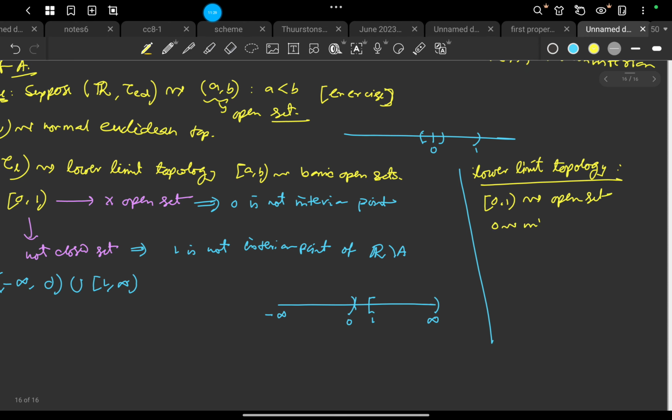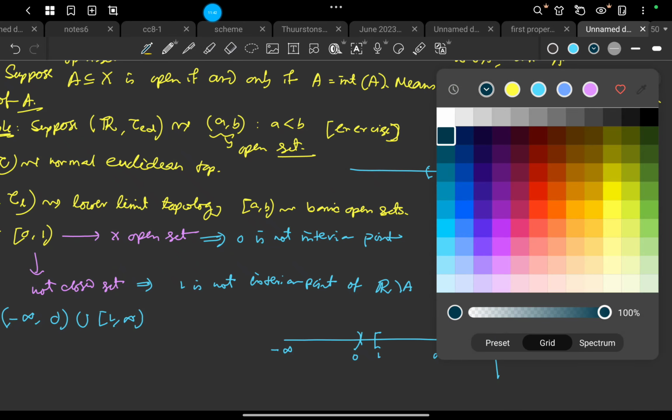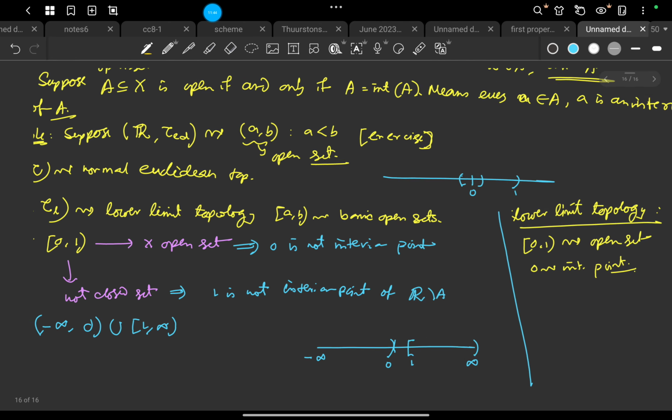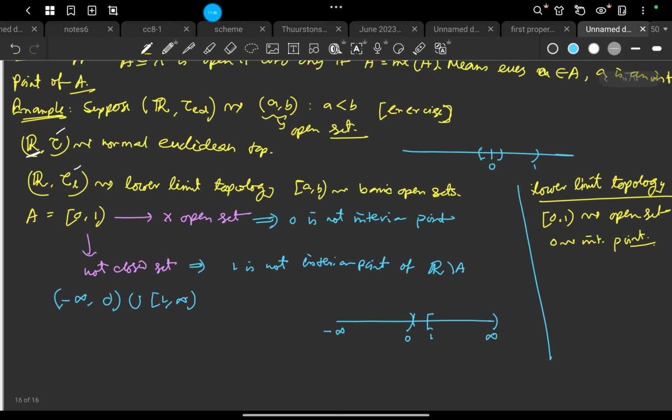So 0 is an interior point. This is very beautiful evidence that the underlying set is fixed, it is the set of all real numbers, but once you change the topology, a particular set may change its property.